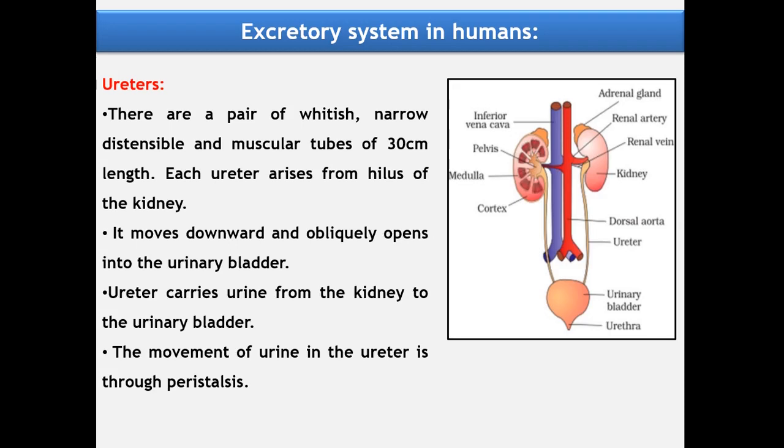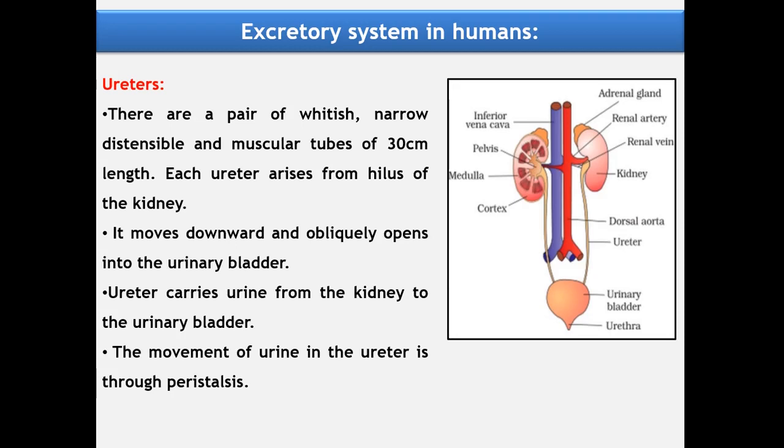The main function of ureters is they carry the urine from the kidney to the urinary bladder, and this movement of urine is peristaltic movement. We already learnt about the peristaltic movement of the alimentary canal or esophagus, the rhythmic contraction and relaxation of muscles to move the food or any substance forward is called peristalsis.